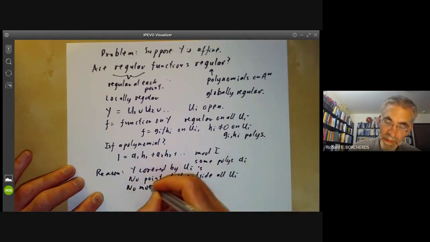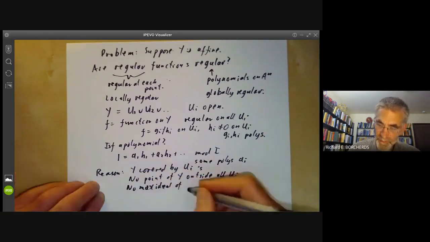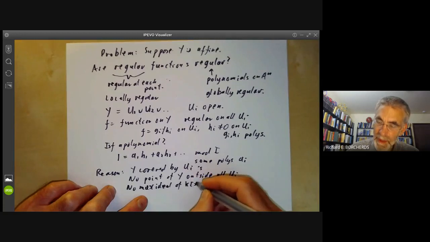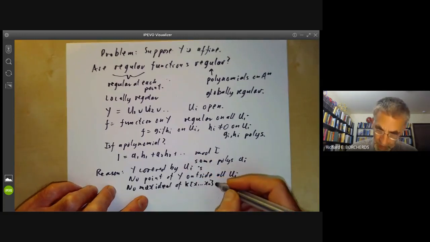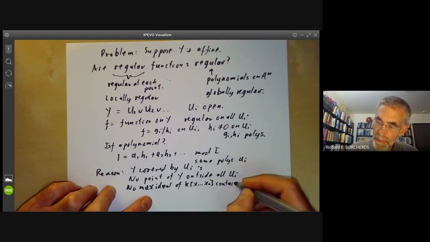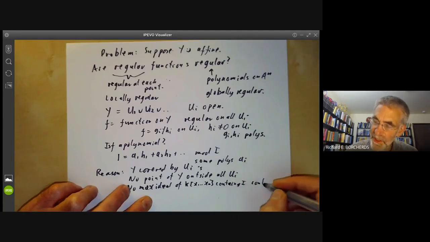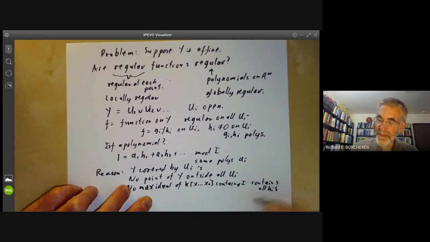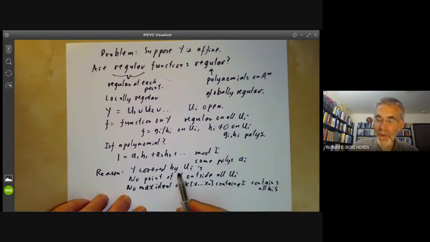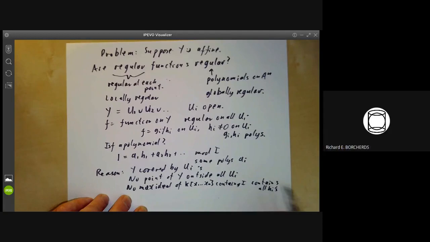This means that no maximal ideal of k[x1, ..., xn] containing I contains all the hi's, because the maximal ideals containing I are the same as the points of Y by the Nullstellensatz, and saying that a point is not outside all the Ui is the same as saying that the corresponding maximal ideal does not contain all these hi's, because Ui is the place where hi is non-zero.